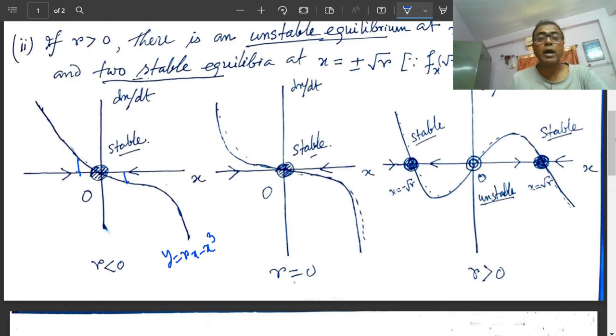And when r = 0, the graph of y = rx - x³ is this, and the origin is the stable equilibrium.